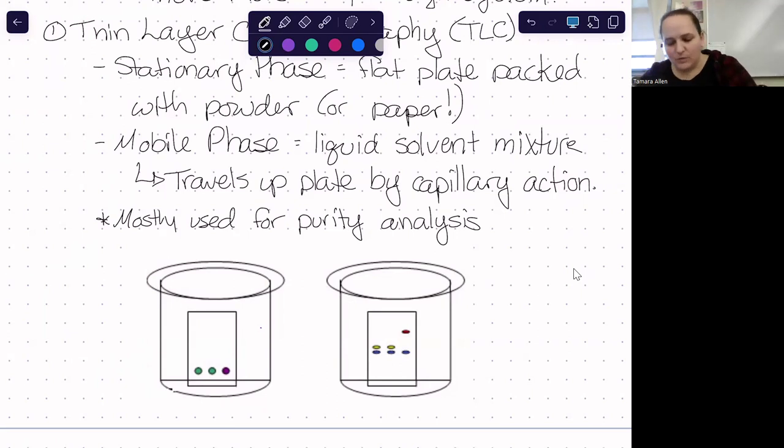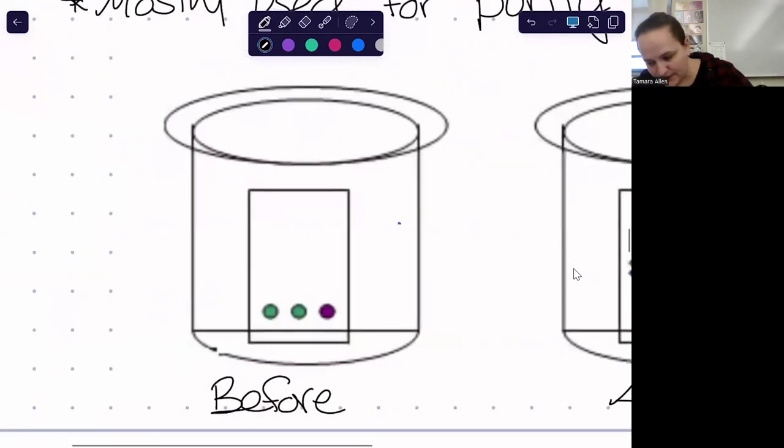So what we're looking at in this diagram here is essentially a before and after. In between these two pictures, some amount of time has passed. The rectangle is our TLC plate, our stationary phase.